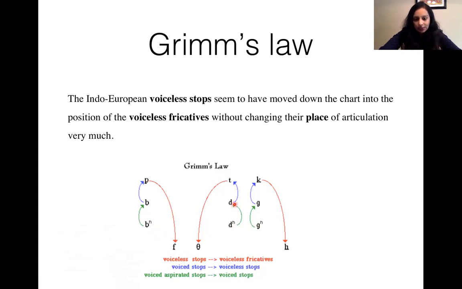Dh changed to d, changed to t, to th, and gh changed to g, to k, and to h. So the voiceless stops changed to voiceless fricatives, which is why in English you can see foot, three, and heart. And then the voiced stops changed to voiceless stops, and the voiced aspirated stops turned to voiced stops. So this was a chain reaction that happened.